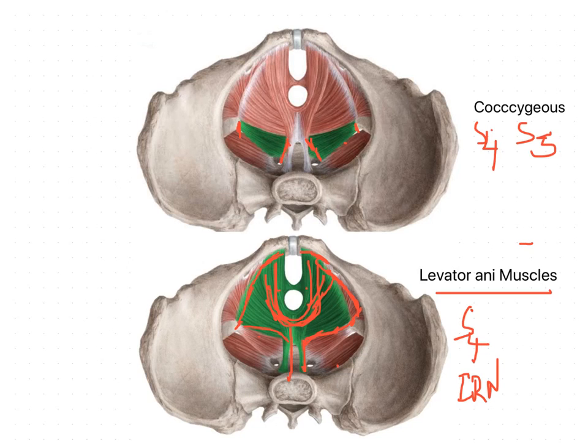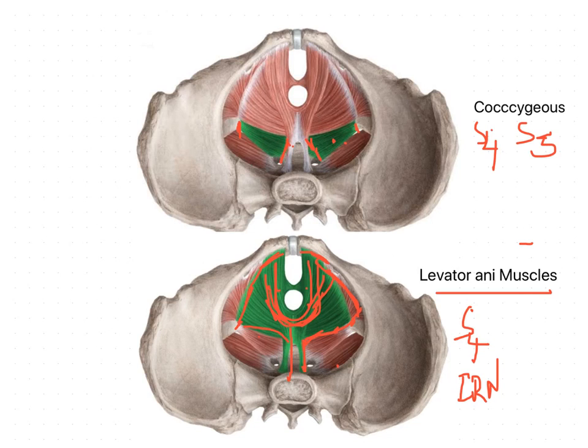And the coccygeus pulls forward and supports the coccyx after it has been pressed backwards during defecation and parturition, which is nothing but childbirth. These are the main functions of this pelvic diaphragm.